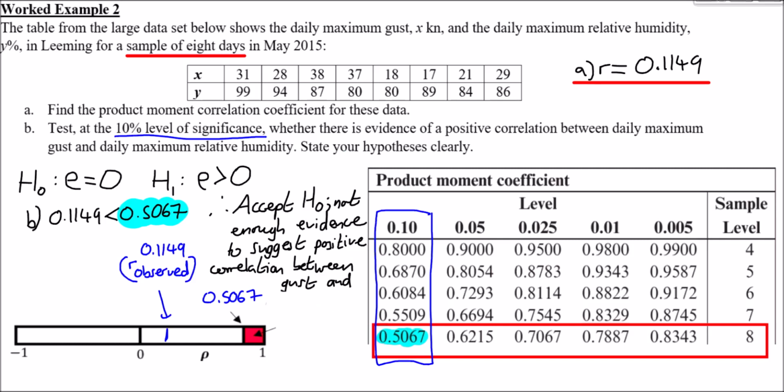A bit amateurish, but you know, it's not the worst thing I've ever done. So accept H0, not enough evidence to suggest positive correlation between gust and the other variable, which was daily maximum relative humidity.